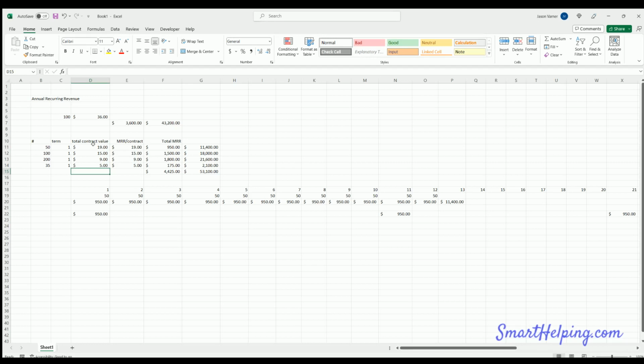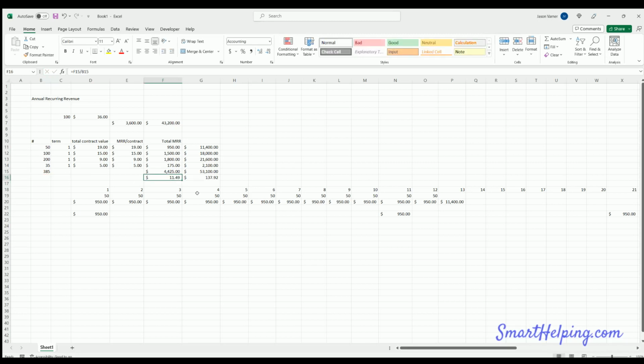So MRR is just whatever it is per contract. You can do the total MRR by getting the actual people that are paying each amount, so 950, 15, 18, 175 per month in total. Your average MRR per contract, now you could take this 4,000 and divide that by the total people if you want to know what you're making on average per month per contract.